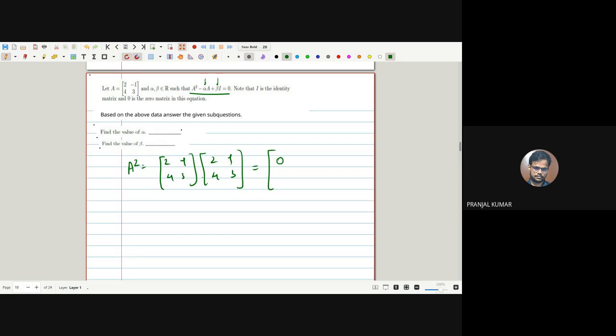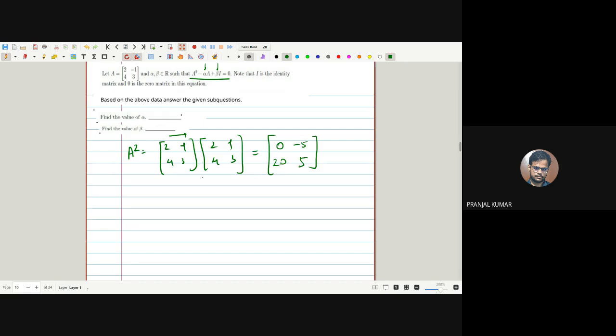Then -2, -2, -3, -5, then 8 plus 12, 20. You can do matrix multiplication at least. -4 plus 9 will be 5. So this is the A square matrix.